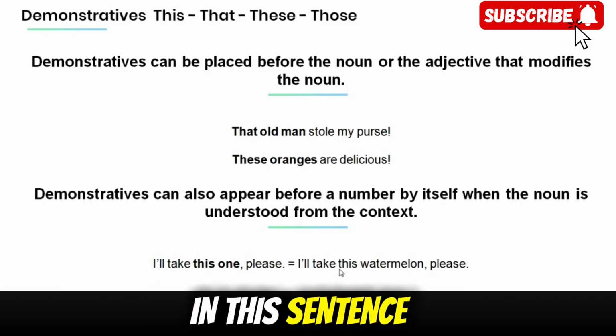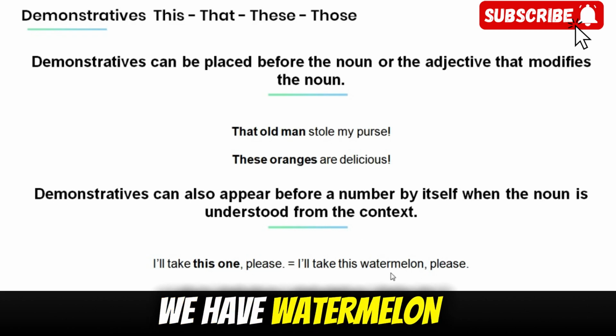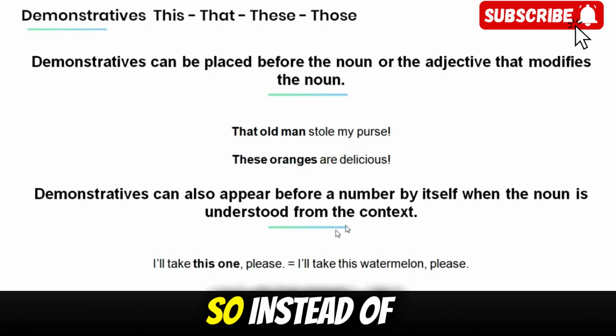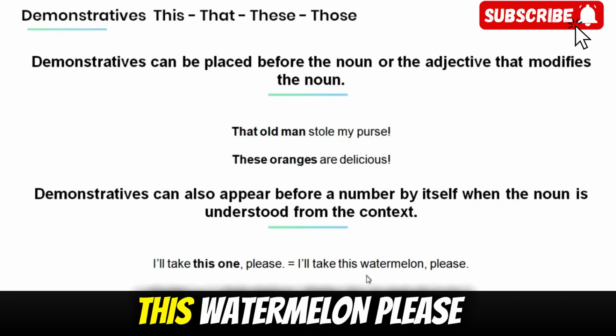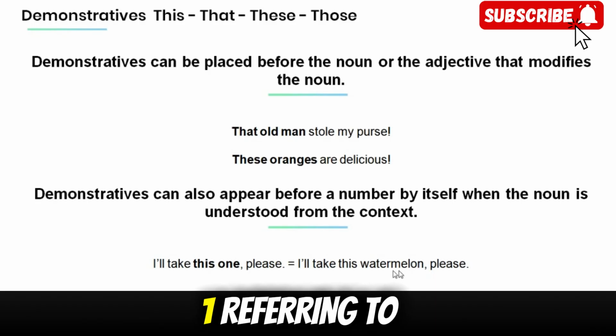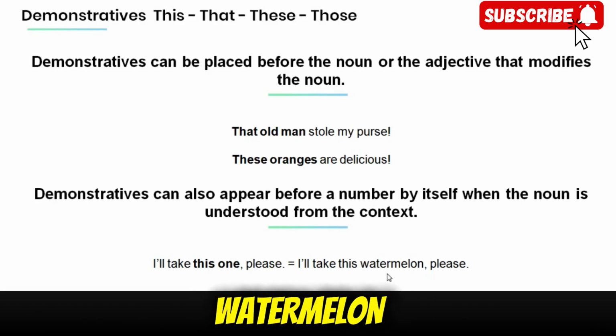In this sentence, we have watermelon, which is understood from context. So instead of saying, I'll take this watermelon, please, we can say, I'll take this one, please. One referring to watermelon.